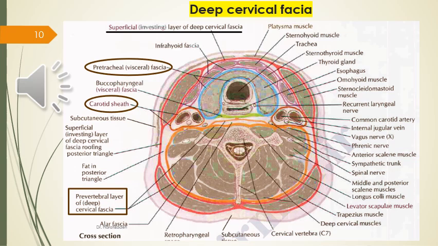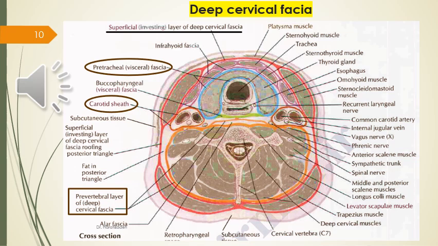You can see the prevertebral fascia in yellow color in this picture. It is around the prevertebral muscles of the vertebral column.